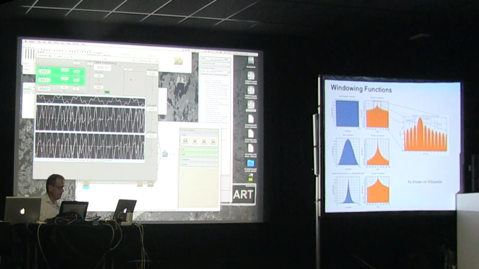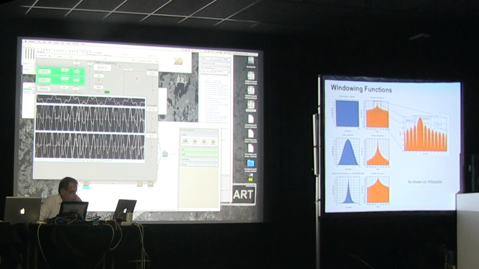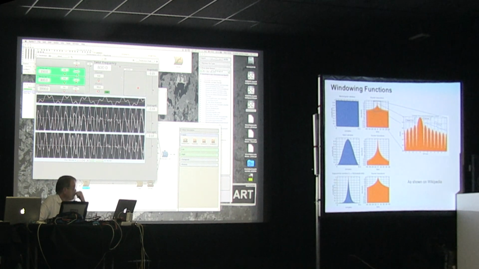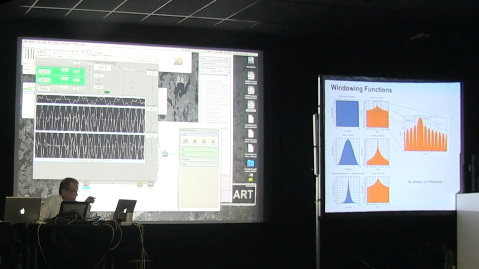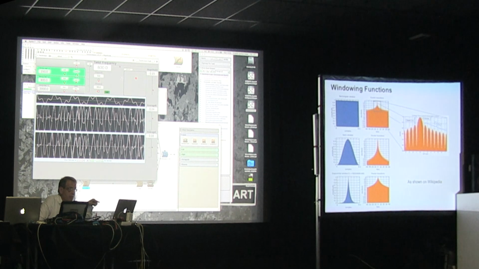Now let's have a look at these windowing functions. The first one is a square window, and if you look at the expanded view, you'll see there are little side lobes. But between the side lobes, those little gaps, is where it balances out perfectly.